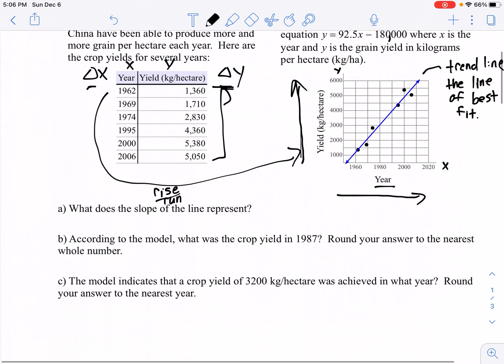In terms of y's over x, this goes up as this goes up. Now, in the table format, it's going this way, but as the numbers go up for the yield, the numbers go up in terms of the years. So as the years increase, the yield increases as well.